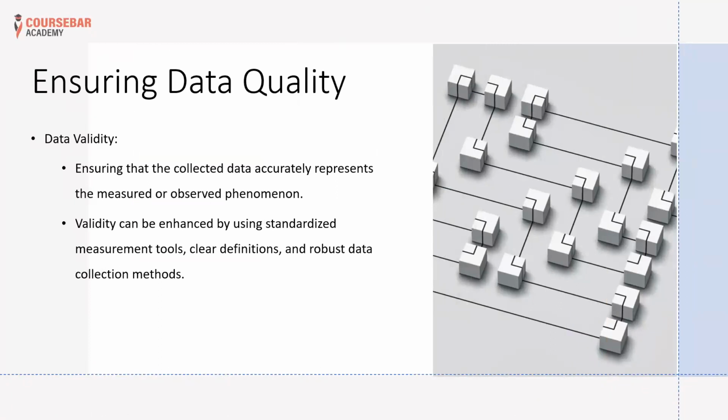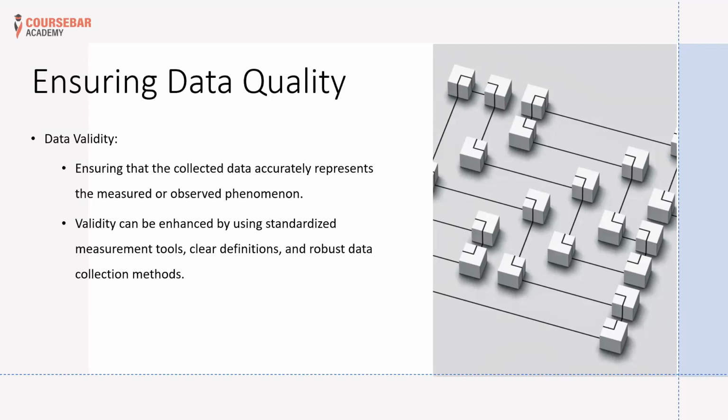Now, the next part that we're going to be looking at is how to ensure data quality. We've collected the data from the sites. We've looked at the different metrics and how to maintain data interpretation across the sites. But we have to ensure data quality. Data validity ensures that the data that has been collected is accurately represented and also measures or observes the phenomenon of the data.